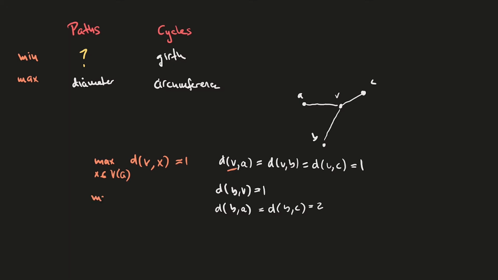Similarly, we can look at the maximal distance for a fixed vertex B to any other vertex in the graph. And in this case, because B has distance 2 from both A and C, this maximum is 2. As we've mentioned before, this is the same as if we choose first A and then look at its distance to any other vertex in the graph, and also if we first choose C.